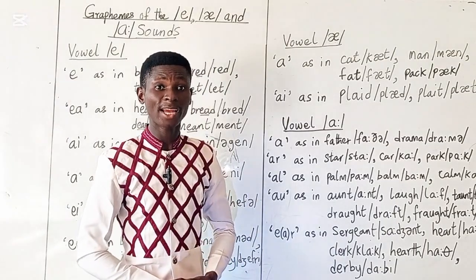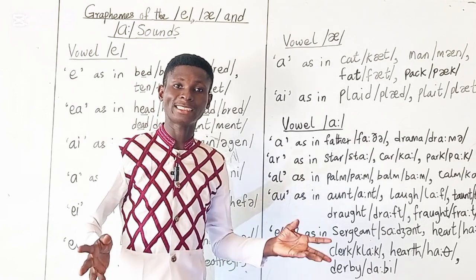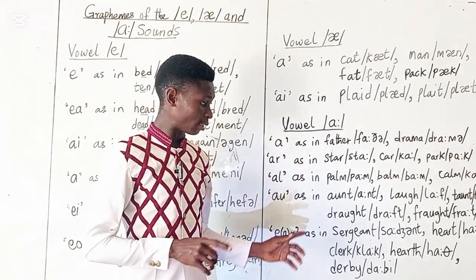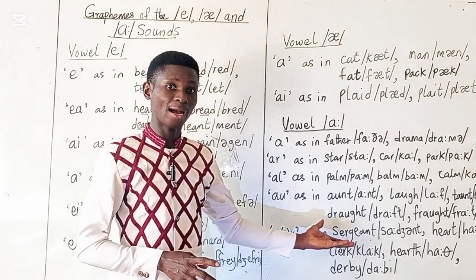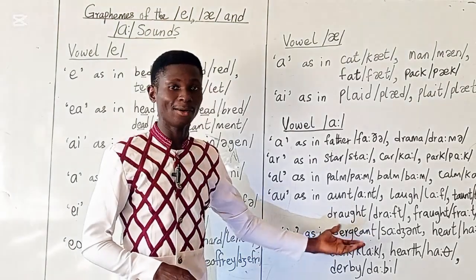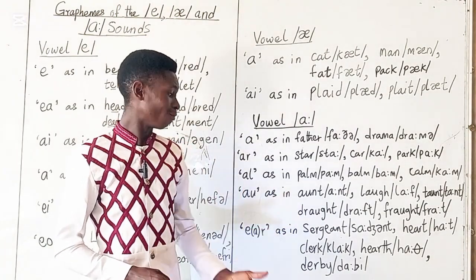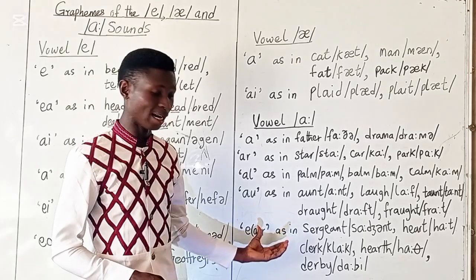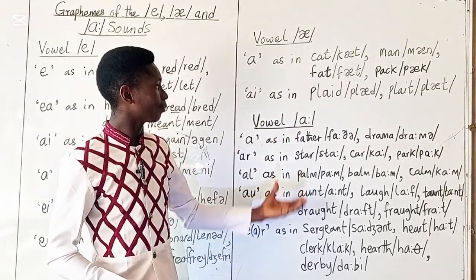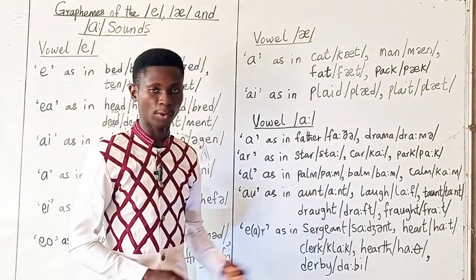I'm not saying that in all the words we have ER, we must articulate that part as R. It is only in few words, and I've pointed out those words, the major words with the R sound here. The spelling ER is majorly for another sound, but sometimes we have words with ER or EAR that have the sound R. So that's why I'm laying emphasis on these words.